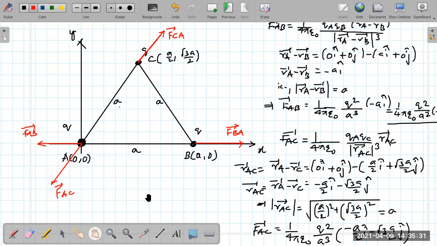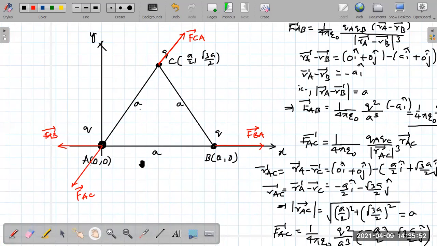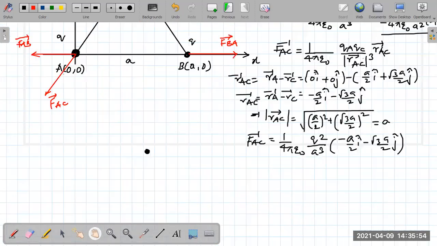Is that right? So that will be how much? Shall I solve it here? Yes.